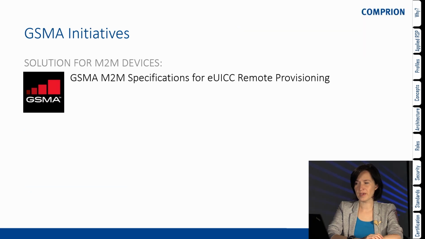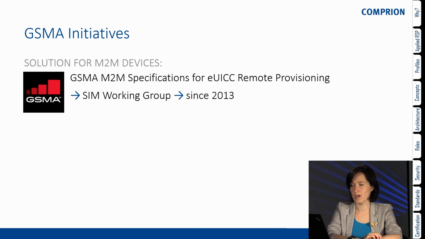Okay, GSMA initiatives. How did it start? First of all, there was a solution for M2M devices, because the M2M specification for EUICC remote provisioning started in the SIM working group in GSMA. The groups have worked on this since 2013.